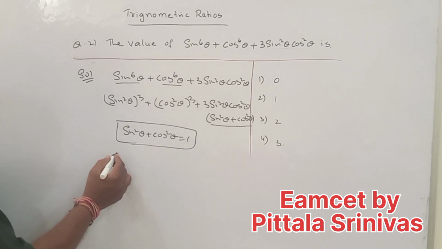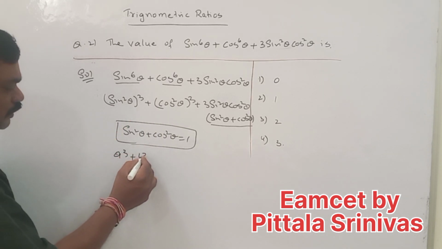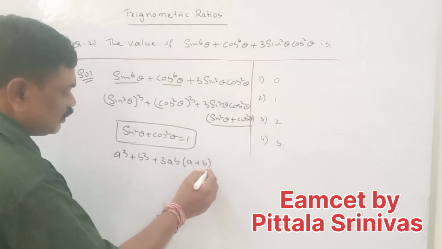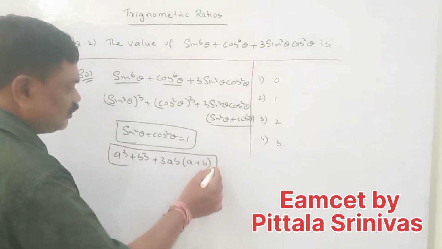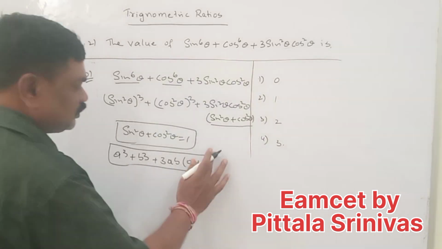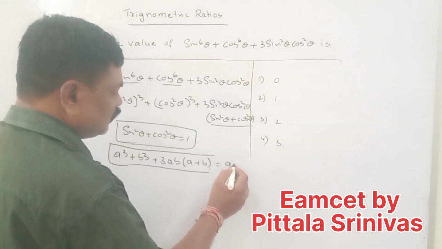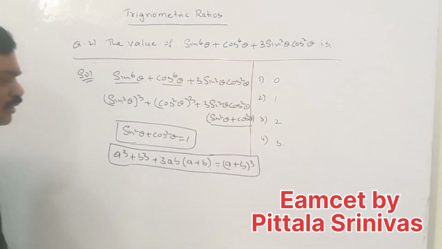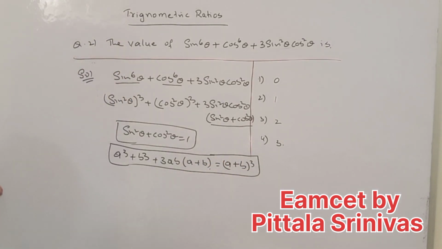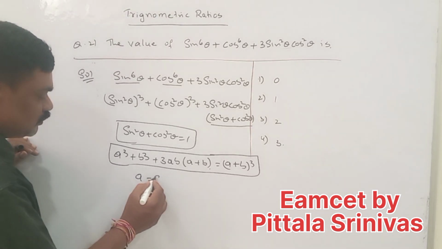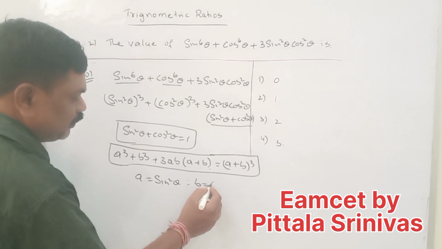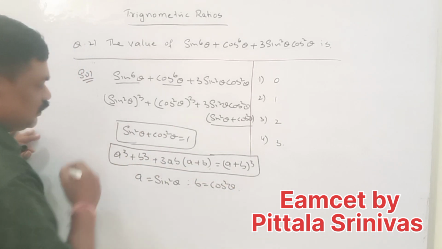So this is in the form of a cube plus b cube plus 3ab of a plus b. This is the algebraic formula, which is equal to a plus b whole cube. So here a is equal to sin square theta, b is equal to cos square theta.